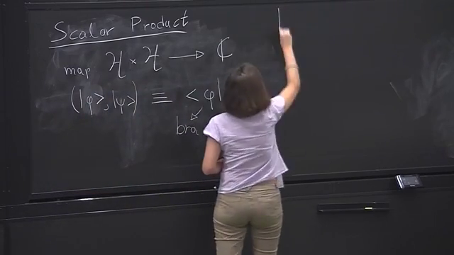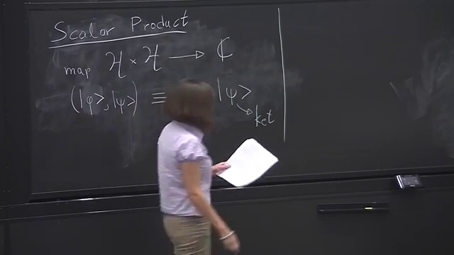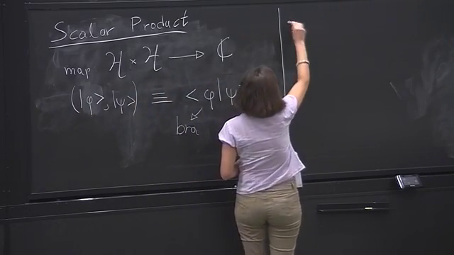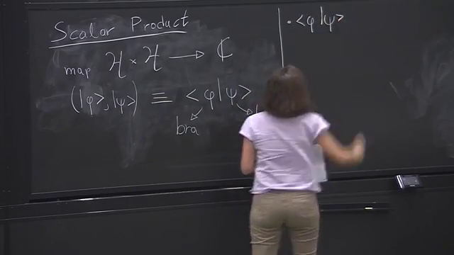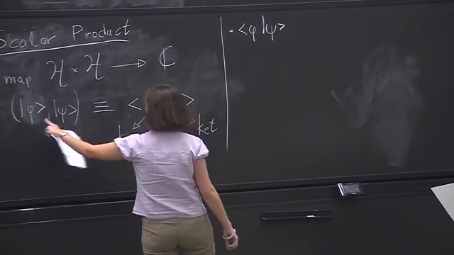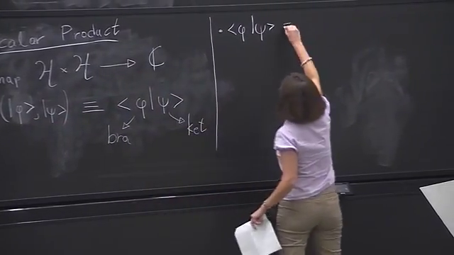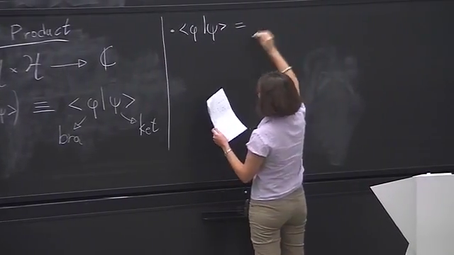Now, a scalar product should satisfy three properties. If you invert the order of the vectors, the result should be the complex conjugate of your original one.